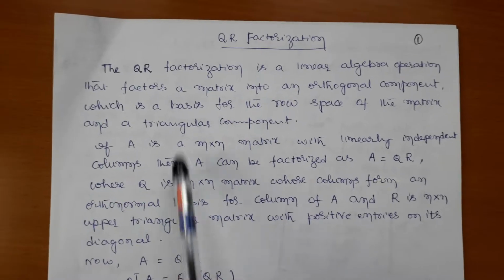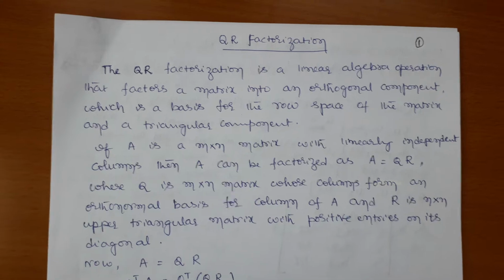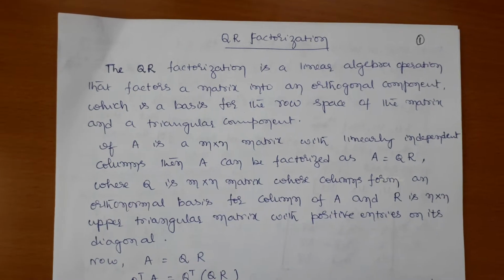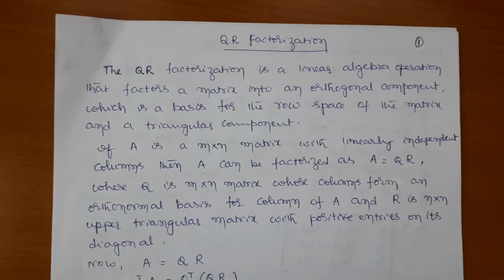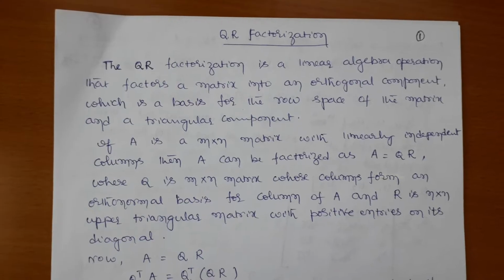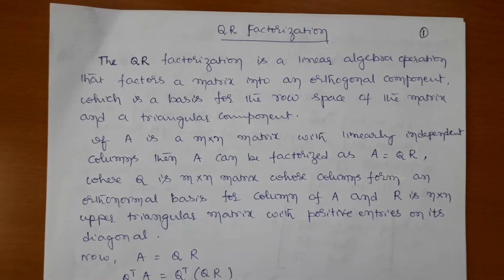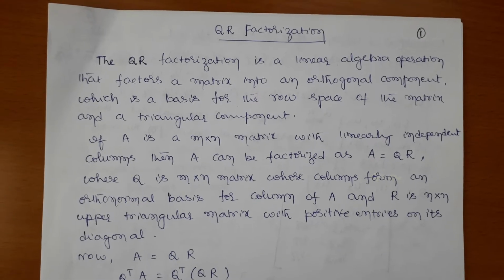Now, let us consider the theory part of QR factorization. After that, we are going to take some problems based on it. As I told you, QR factorization is very easy once you are clear on the previous videos on the Gram-Schmidt process. It is the continuation of the Gram-Schmidt process.